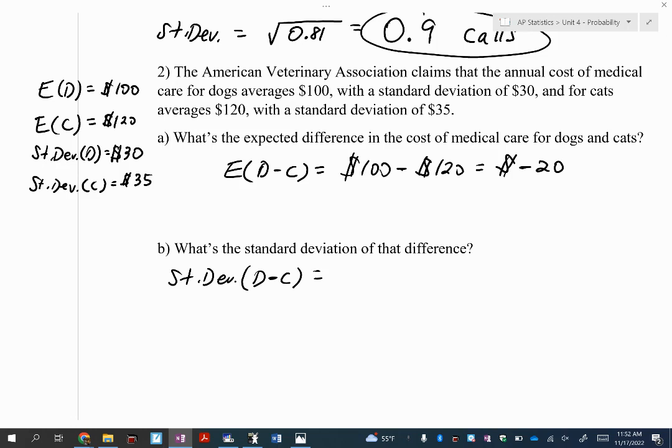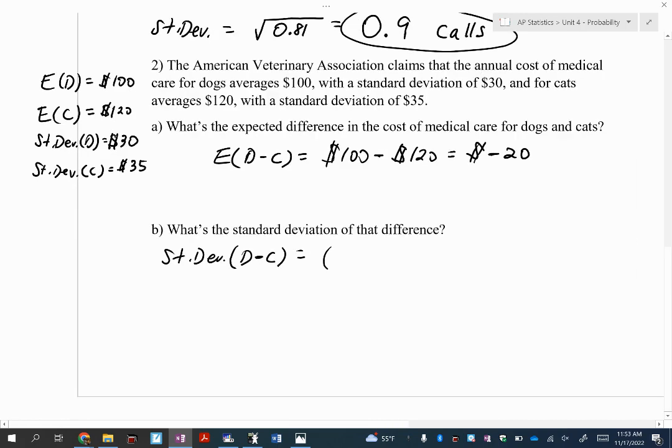This is one of my tattoos, right? Variances add. All right? So how do I find the variance for the dogs? What do I do with this? You square it. So it's going to be, I'll put it to the side here. Variances add. So 30 squared plus 35 squared. All right, let's see, what is that?